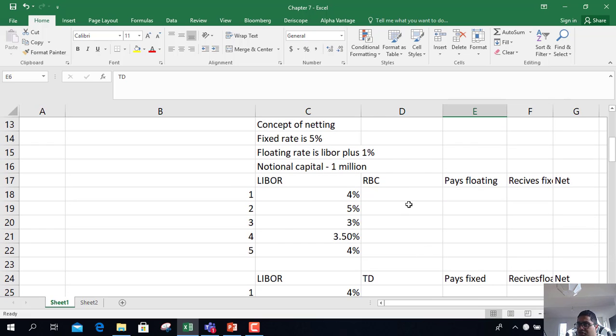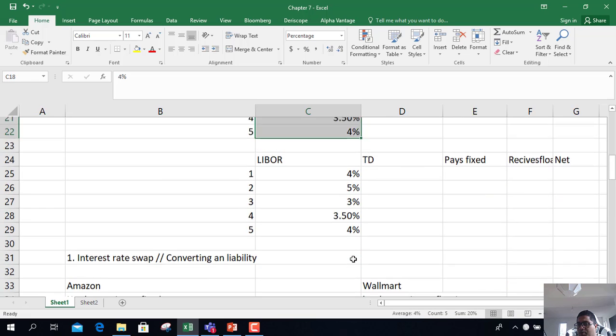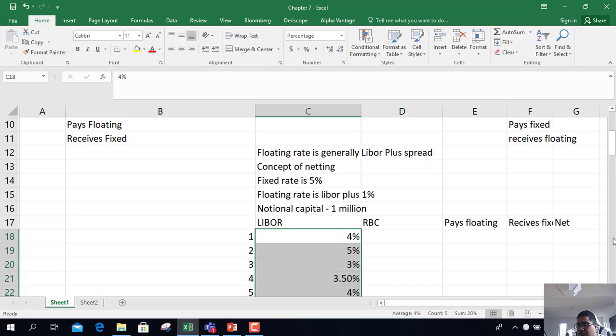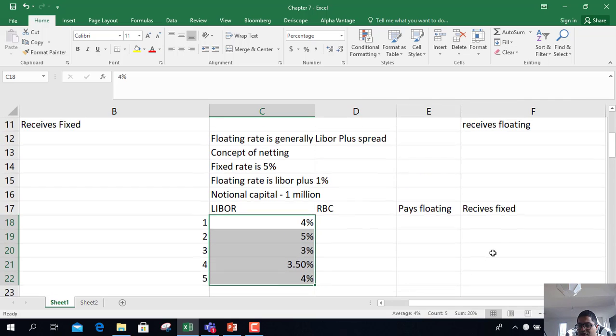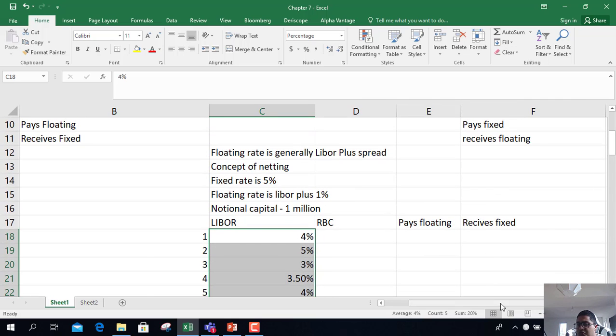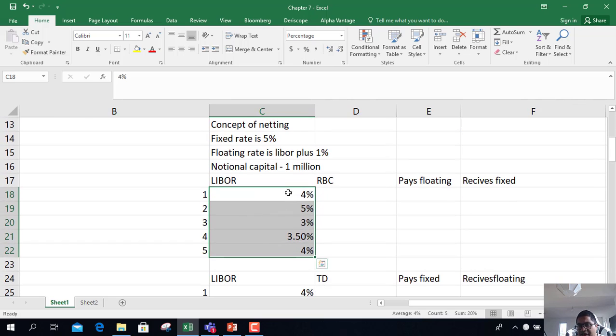So let's construct the payout cycle of this swap based on these values of LIBOR for RBC and for TD. So what is RBC doing? RBC is going to pay floating and receive fixed. So let's first calculate how much fixed interest it is going to receive every year.